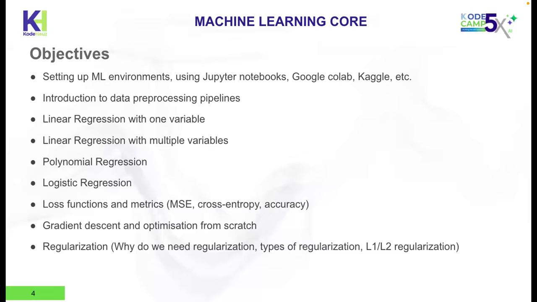Then after that, we're going to do linear regression with one variable. Linear regression is the very basic of machine learning. And why it's very interesting and very useful is that it ties back to the basic maths that we did in school. When you studied maths in school, we had this thing we call the line of best fit and all of that.